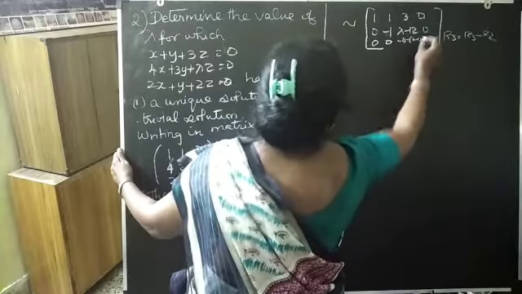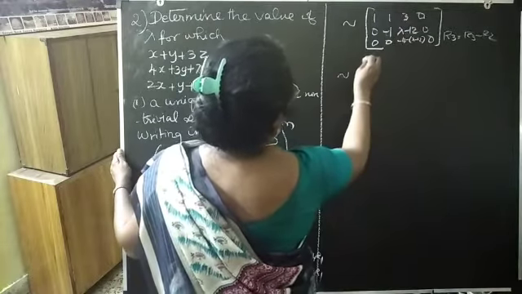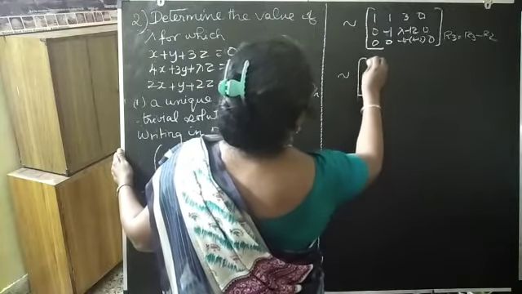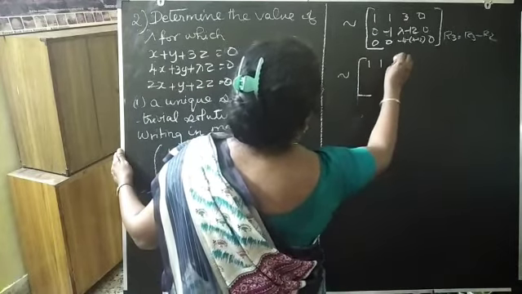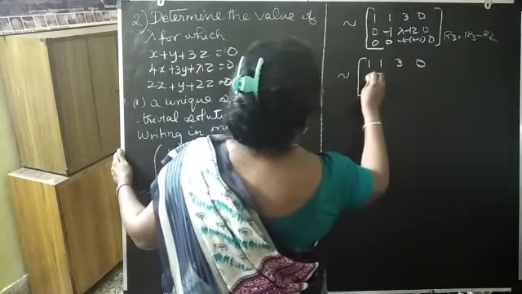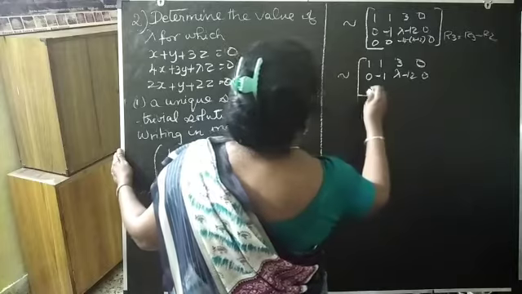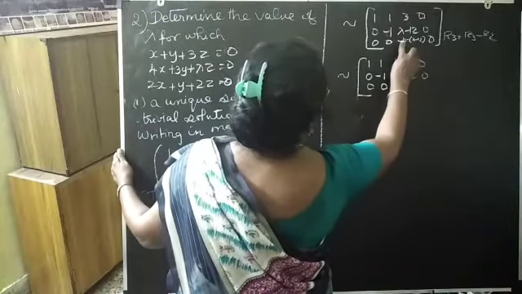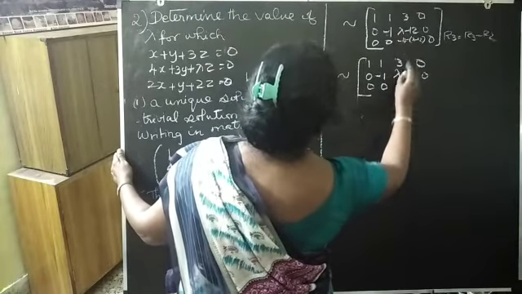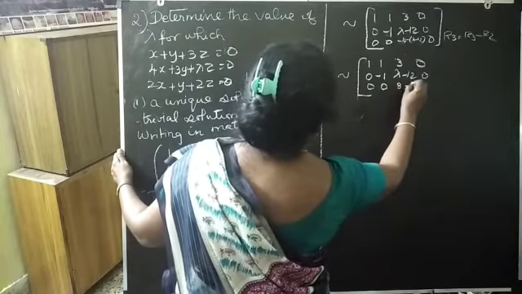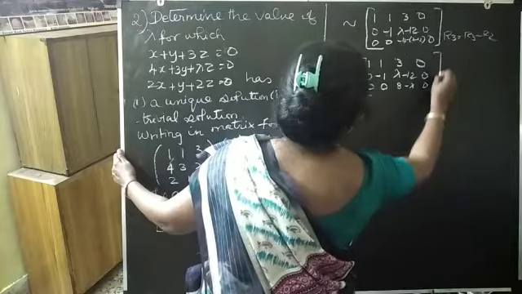Then 0 minus 0, 0. So this is equivalent to 1, 1, 3, 0. 0, minus 1, lambda minus 12, 0. 0, 0, minus 4 minus lambda plus 12. Plus 12 minus 4 gives you 8, so 8 minus lambda and 0.